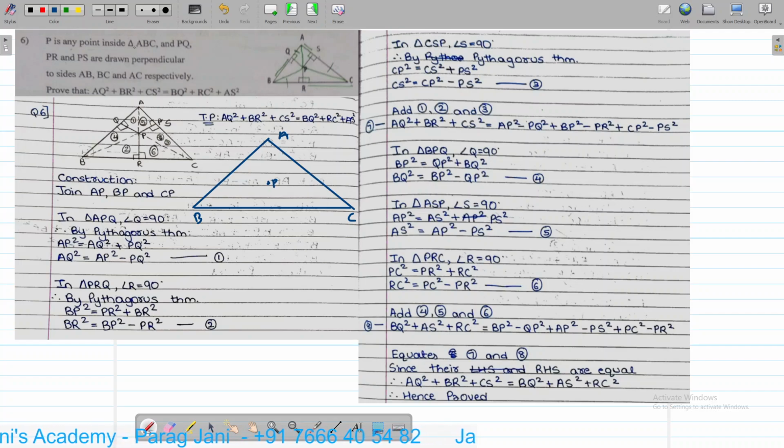Now what they said: PQ, PR, PS are drawn perpendicular. So PQ perpendicular on AB, you have to draw like this.